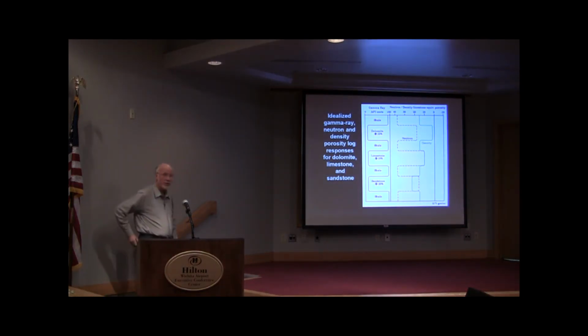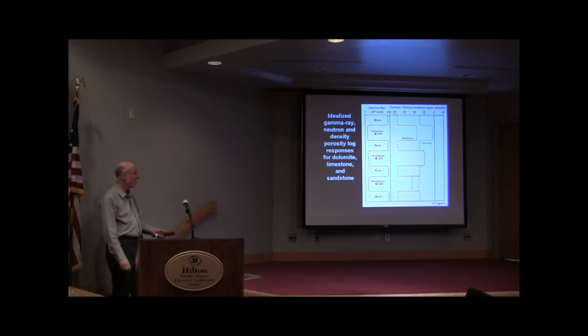Usually today, what you'll see is the neutron and the density overlaid, and this will come directly off the logging truck. One reason is that they're run together, and the second is that it helps if you've got two porosity logs, because if you are going to get a porosity, you have to use a reference lithology.